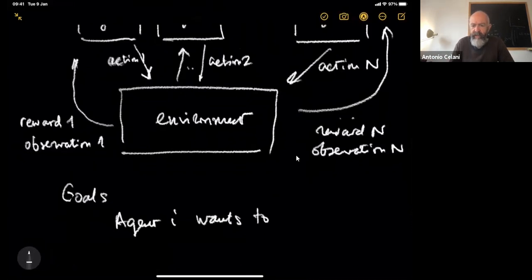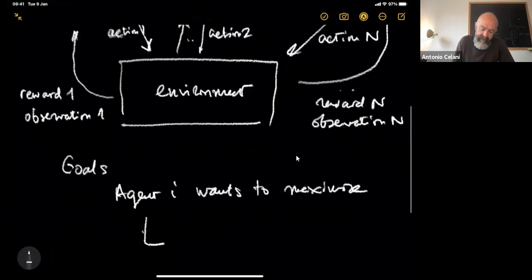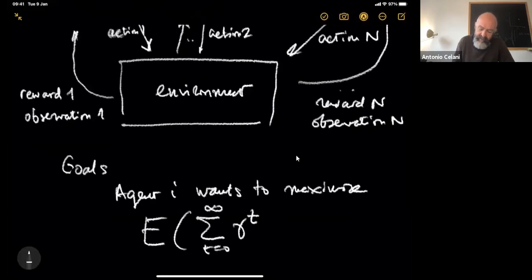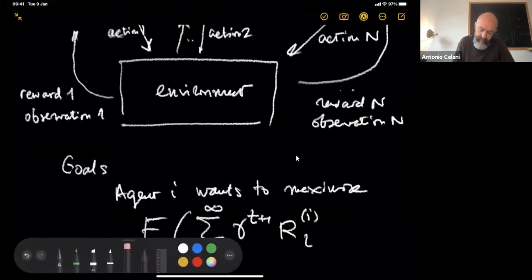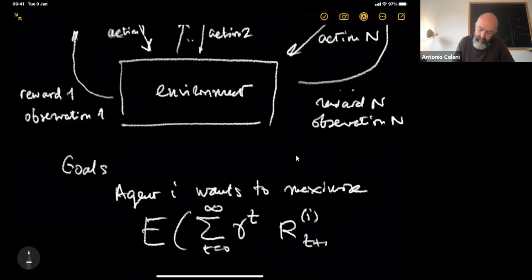So there is a strategy, a way to choose actions to maximize the expected cumulative reward, as usual, of the reward that this agent observes over time.